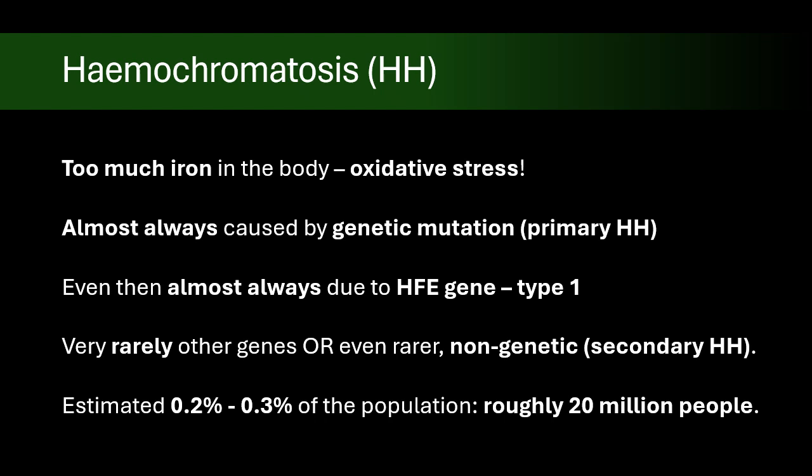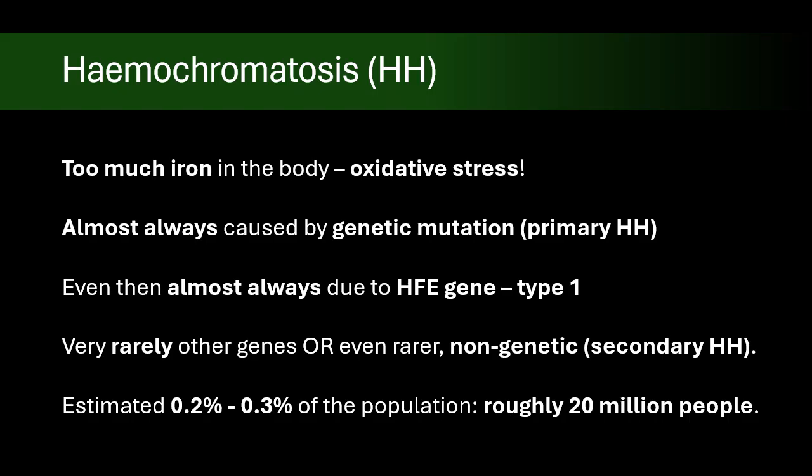Haemochromatosis is almost always caused by a genetic mutation, and haemochromatosis caused by a genetic mutation is called primary haemochromatosis, primary iron overload. You'll see it's abbreviated HH. This is a medical abbreviation which will turn up later.